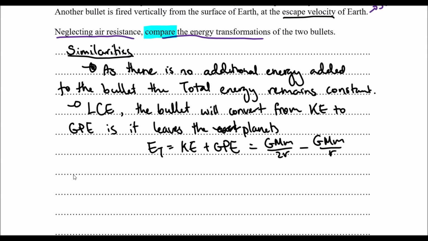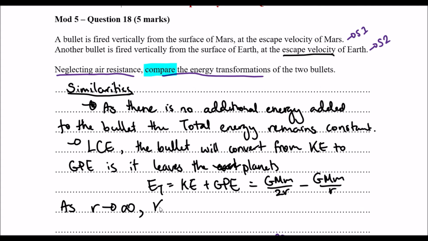Leaves the planet. So as r goes to infinity, we expect that the kinetic energy will equal 0. Now the reason why it goes to 0 is this kinetic energy is used to escape or overcome the gravitational force of Mars and Earth.